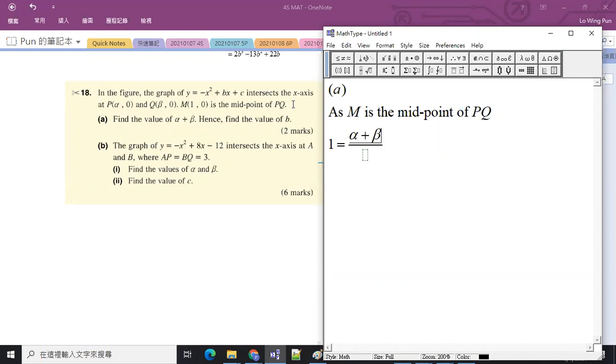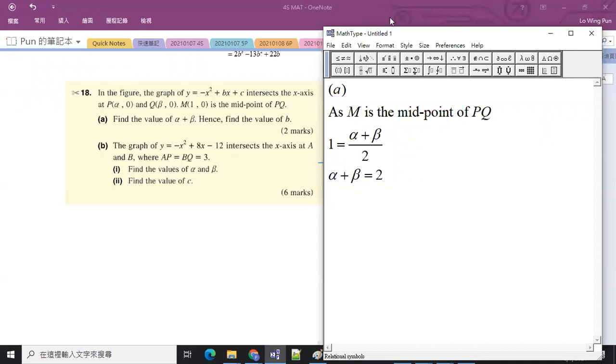It's alpha plus beta divided by 2. Can you get this? Okay, so I'm using the midpoint formula here. Okay, and then we can easily find that alpha plus beta is just equal to 2. That is the answer of the first part. Can you get this?